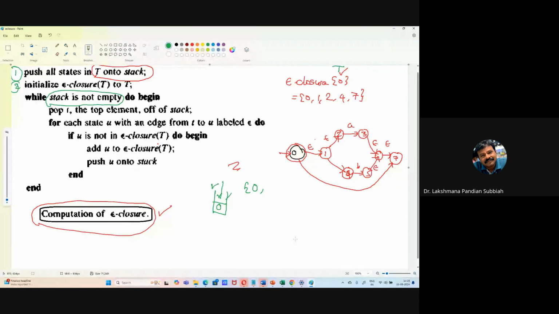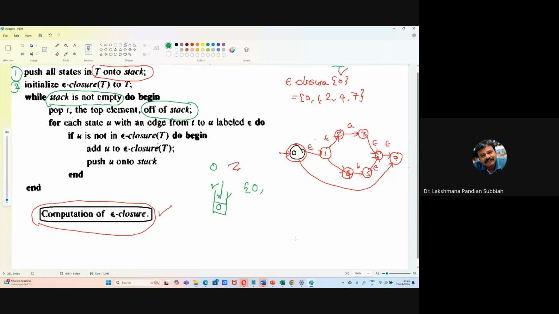So you have to remove 0 from the top of the stack. Take out 0.